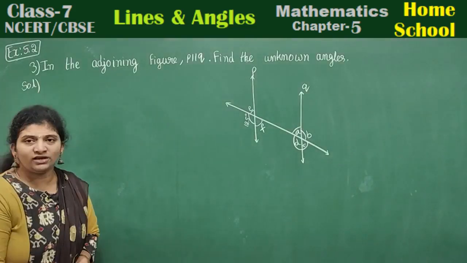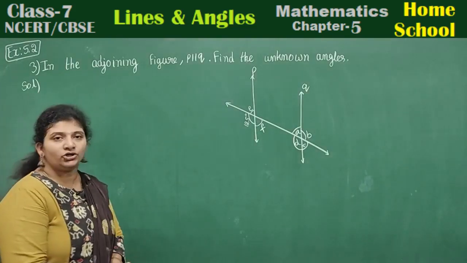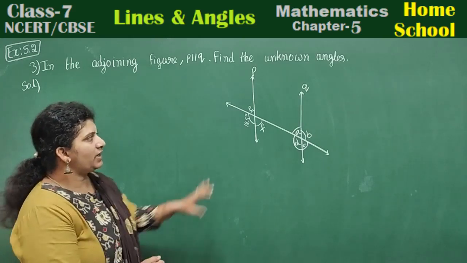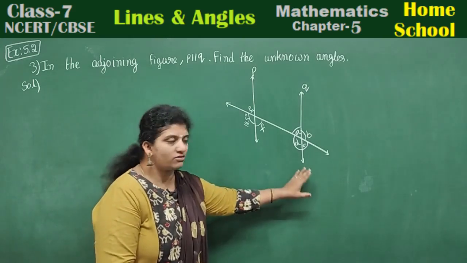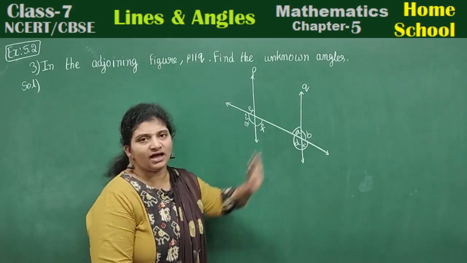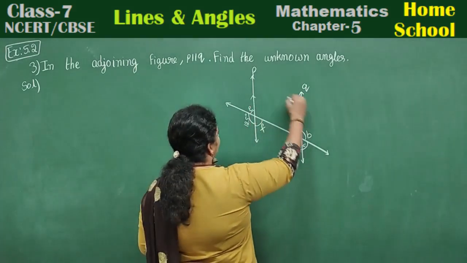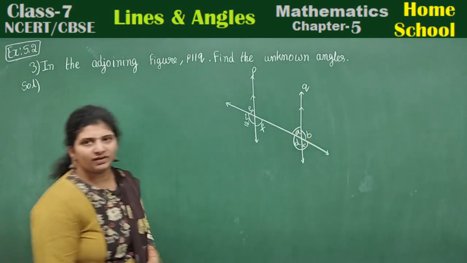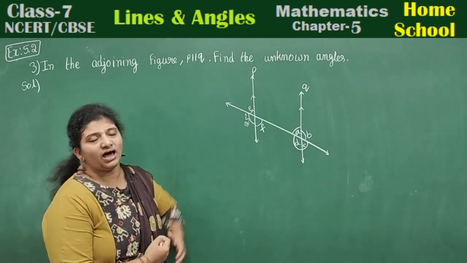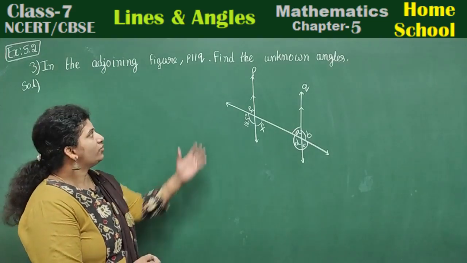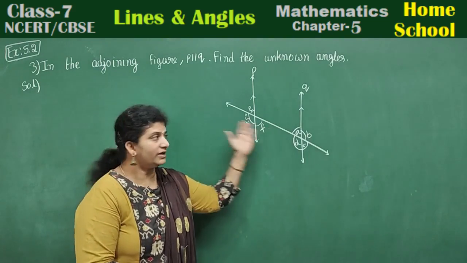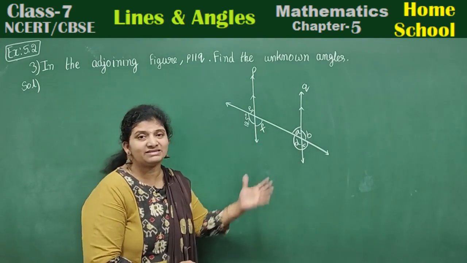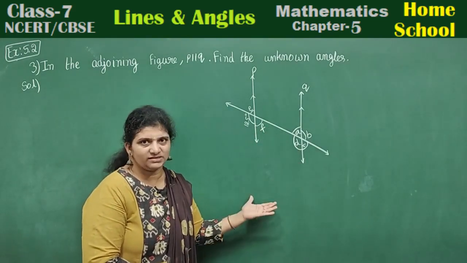In the adjoining figure, P is parallel to Q. Where is P? P is a line and Q is also a line. Two lines are parallel. If they are parallel, find the unknown angles. You can see a line here cutting these two parallel lines. That is nothing but a transversal.